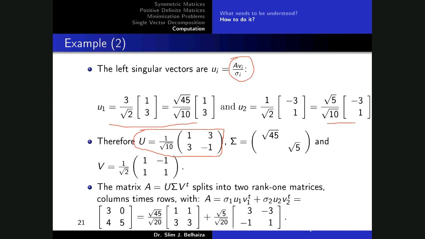So we place it here in the columns of U, the two left singular vectors, u1 and u2. In V, similarly, we place the two beautiful right singular vectors, v1 and v2. And in sigma, we place the singular values, as you see. So what happens here? Okay, guys, any question?